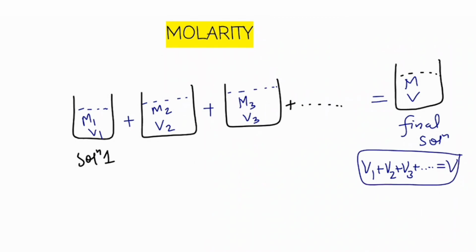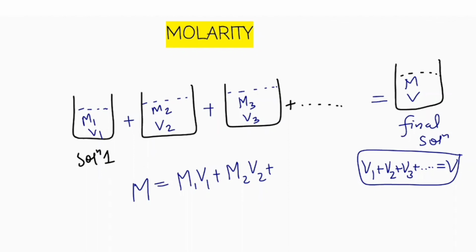Now the formula for the final molarity, capital M, will be equal to M1 V1. M1 V1 is the number of moles of solute in solution 1. The molarity formula is total number of moles upon total volume.